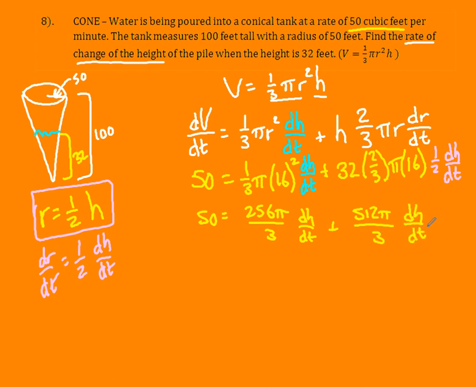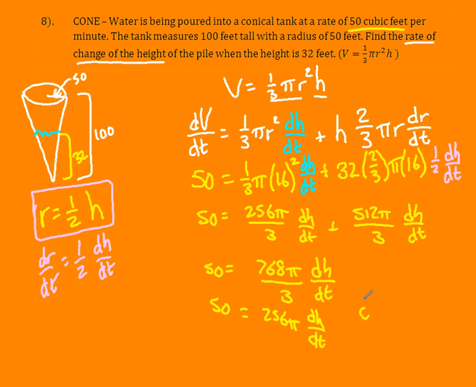So they both have a dh/dt, and we both have something in terms of pi. So I can just combine these like terms here, and I'm going to end up getting 256 plus 512 gives me 768 pi up top, 3 on the bottom, and each has a dh/dt term. Well, when I divide this, I actually get 256 pi exactly equals 50, and we still have dh/dt on the end.